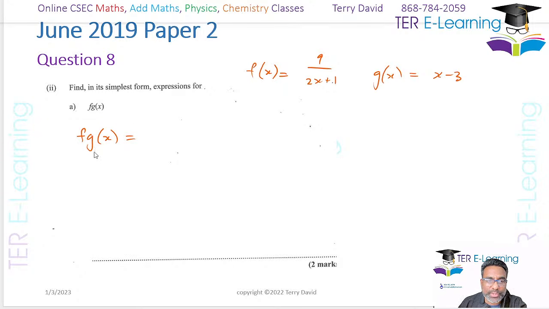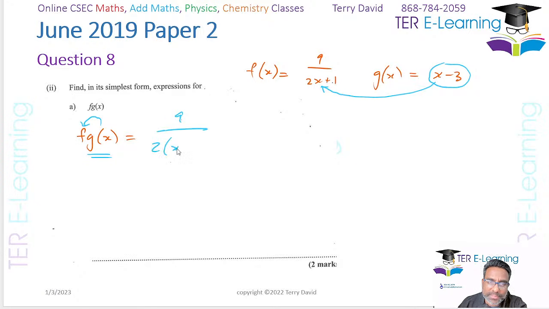So what we're going to do, you're going to take this g and you're going to plug that into your function f. So this here is my g, and I'm going to plug that into my function here, right? So this is going to be 9 over 2 multiplied by x minus 3 plus 1. So we need to simplify.